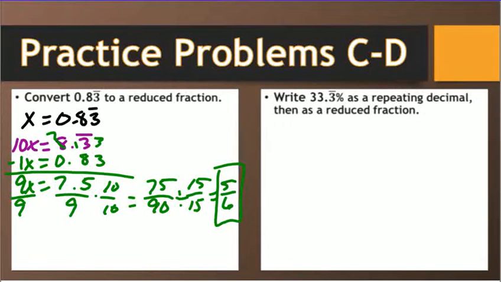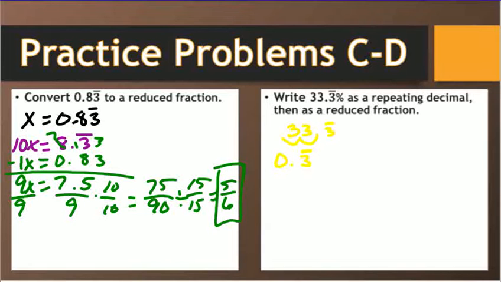The next one says write 33.3 repeating percent as a repeating decimal and then as a reduced fraction. So remember, as a percent, we would have to divide that by 100. It just means move it 2 places to the left. And so we would have 0.3 repeating. So that is our decimal.